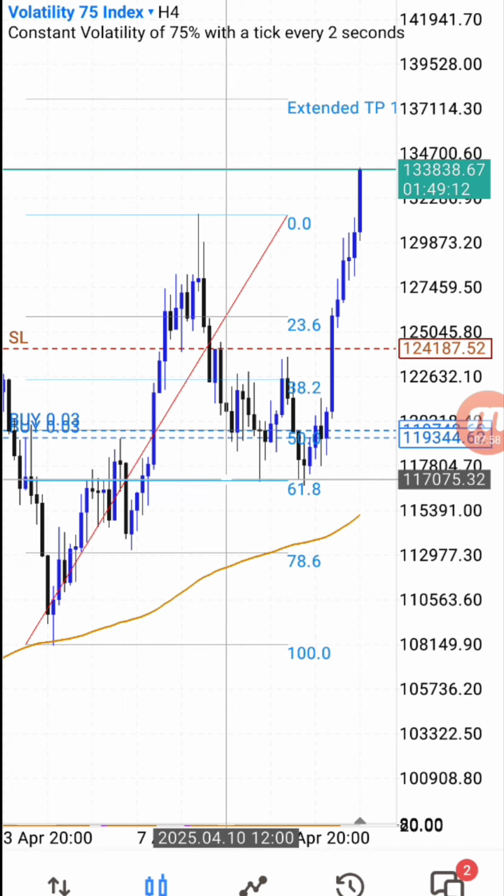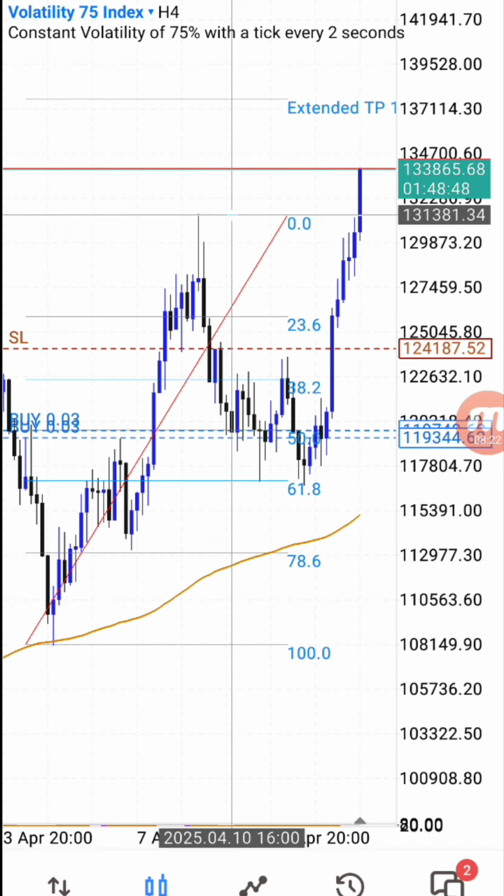Now if we had entered from 50%, and then our stop loss will be just below 61.8, it is going to give us a 1:3 risk to reward ratio, right? Look at it, from 50 to 38, that is 1, to 23, that is 2, to this, that is 3.